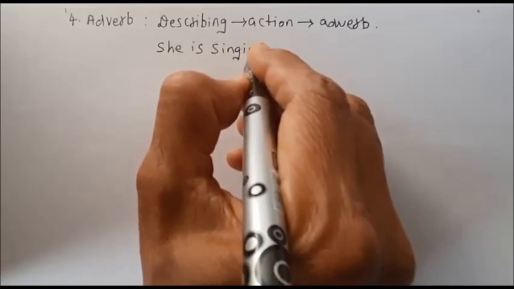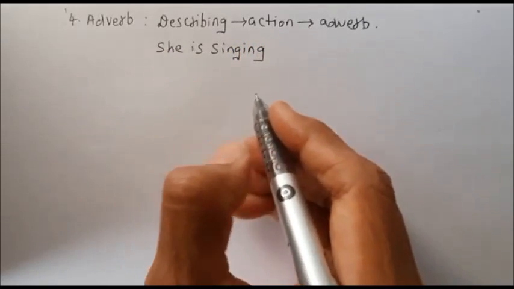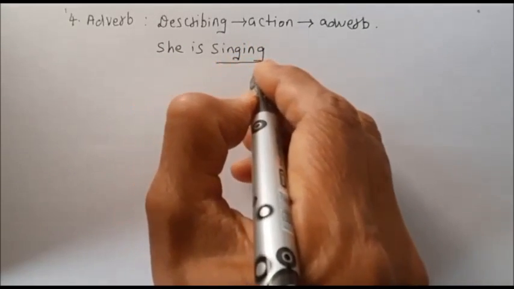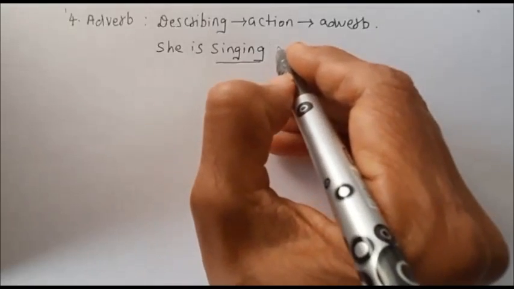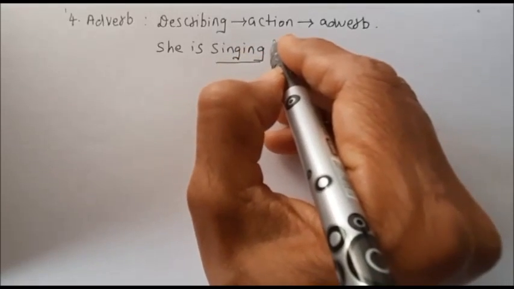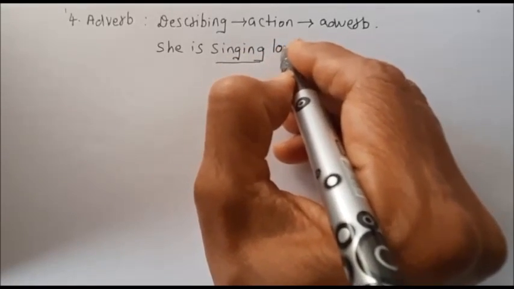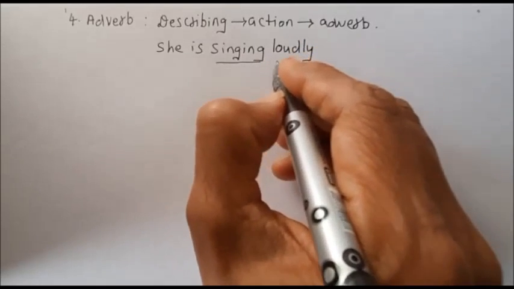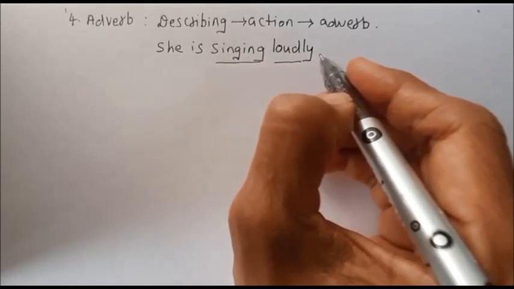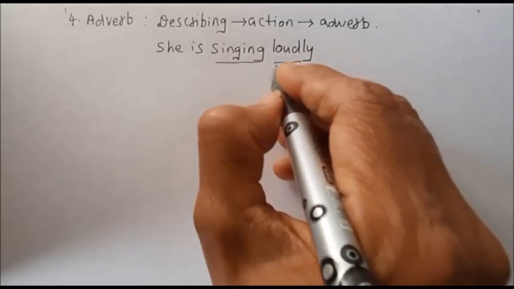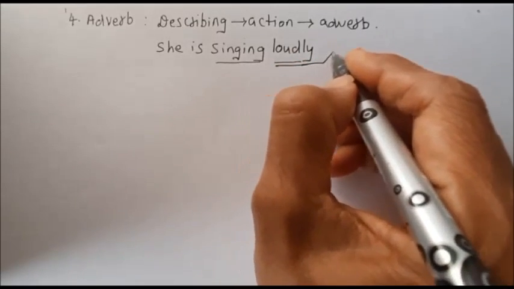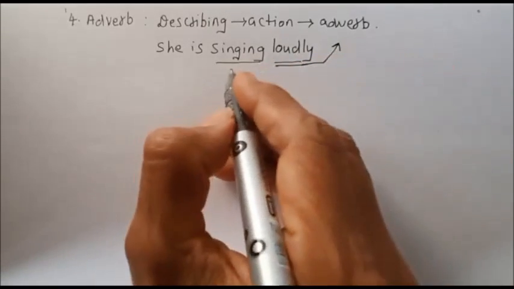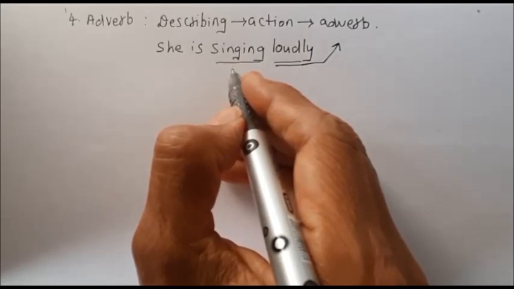When I say she is singing, up till now it's just an action. But when I ask how is she singing, you say loudly. So we are describing this action, and this loudly becomes the adverb, right? And singing is the action.